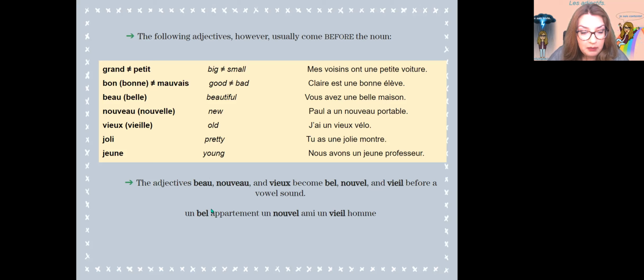But we can't place two vowels consecutively, so we replace beau with bel. D'accord? It's another exception. A nouvel ami, same thing for nouveau. We should have used nouveau ami, new friend, but we can't because we have ami, so nouvel ami. Same thing for vieil homme, an old man. Vieux doesn't work here because we can't have two consecutive vowels. The H is silent in homme, by the way. This is why we consider homme as beginning with a vowel. So we use vieil.